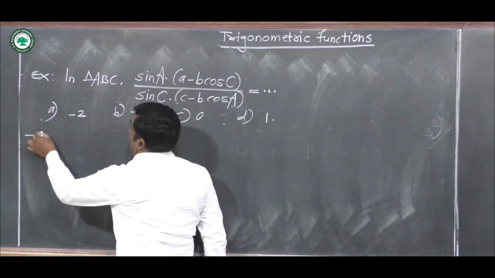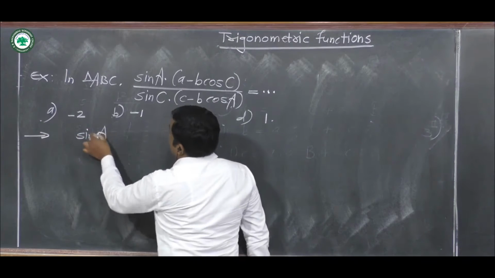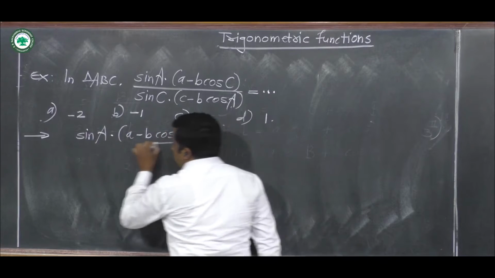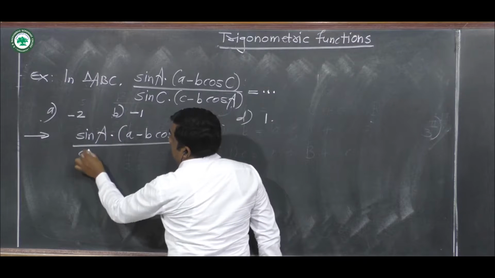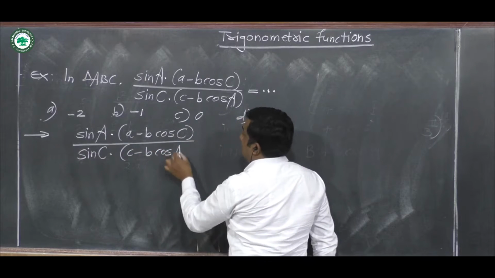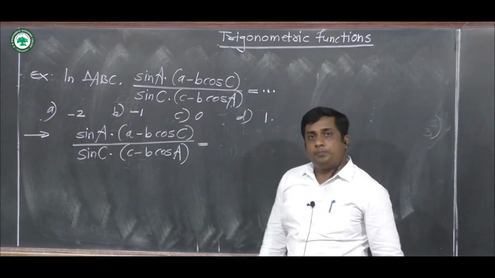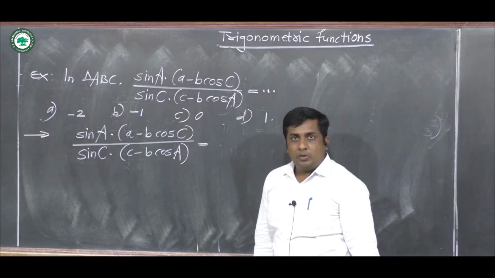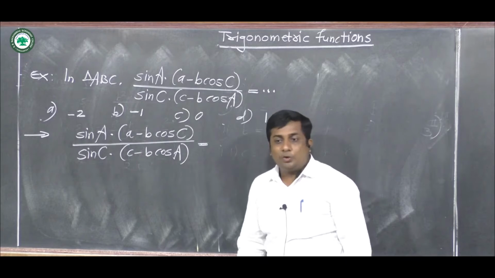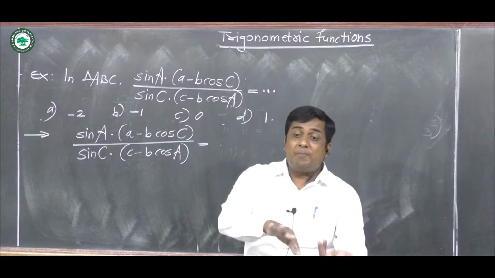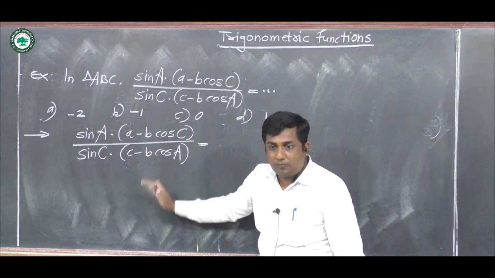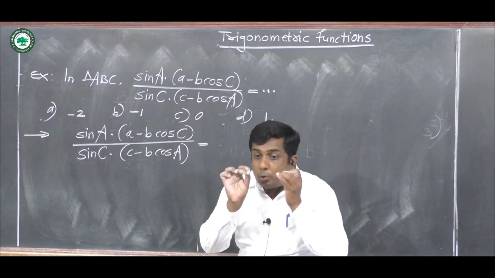Again, by using the usual notations of a triangle and our rules, we have to find the value of the given expression. Given sin A (A minus B cos C) divided by sin C (C minus B cos A) is equal to. Now we have to convert this expression into its simplest form to find the value, and for this we use the projection rule.